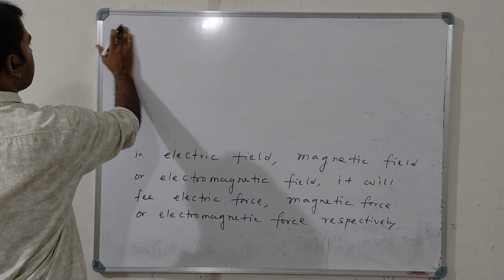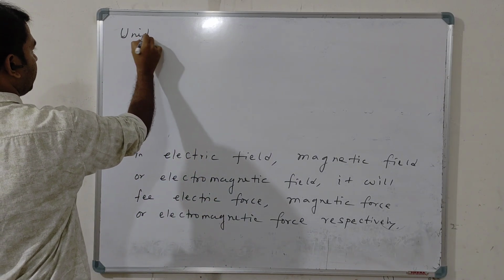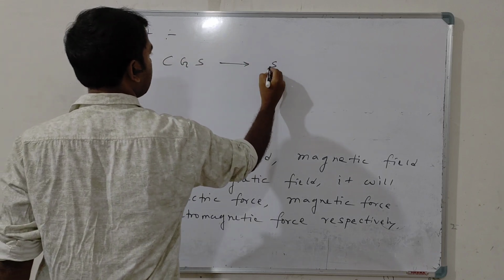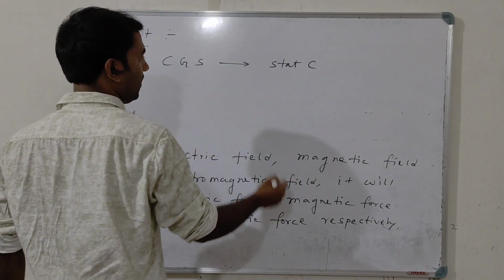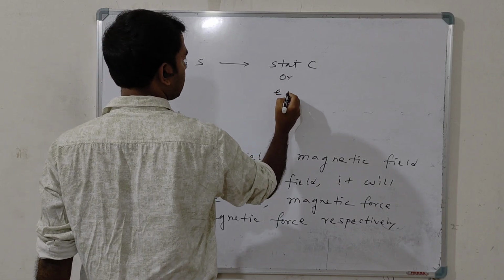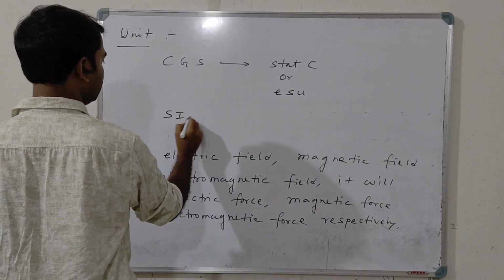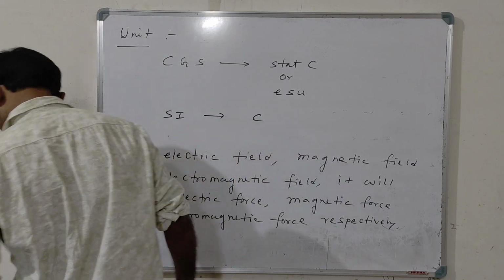The unit of electric charge, in CGS, is stat coulomb or electrostatic unit or ESU, and in the SI unit system it is coulomb.